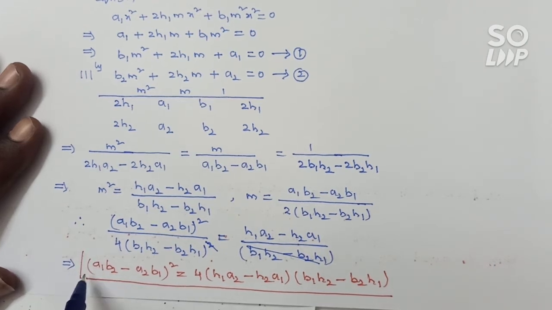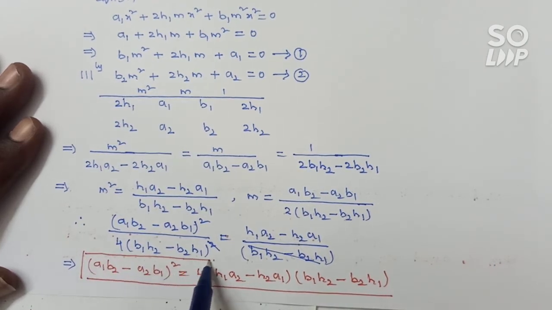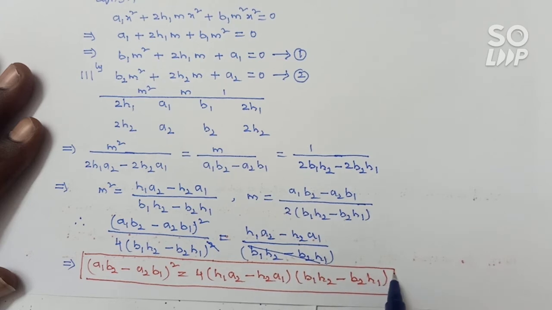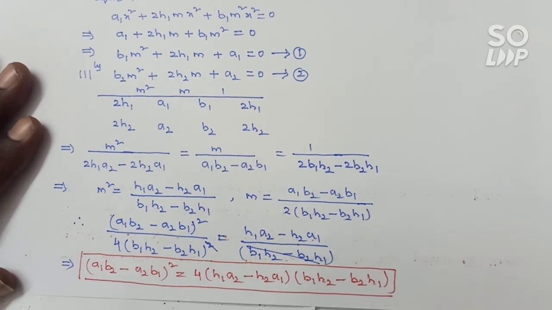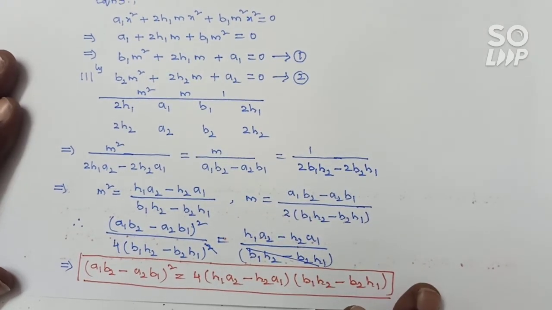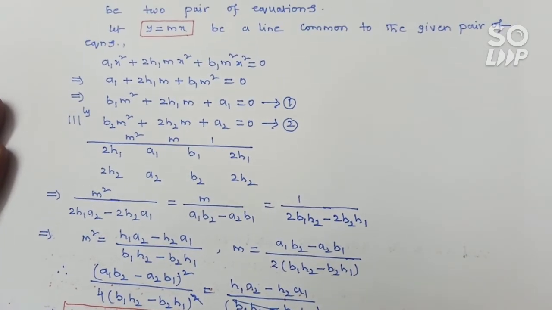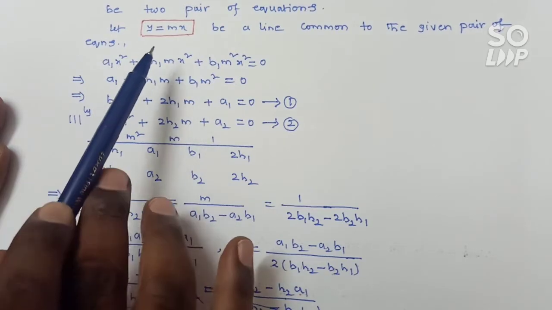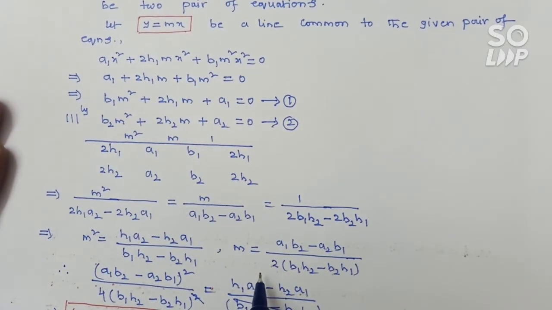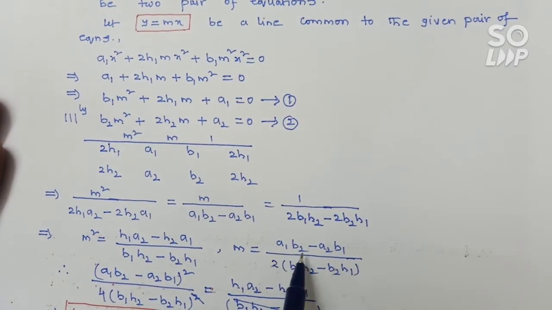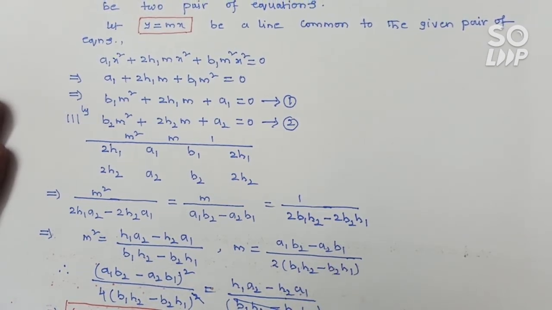The given pair of equations have a common line. Then what is the common line? Already you considered the common line as y equals mx. M value you got as a1 b2 minus a2 b1 by 2 into b1 h2 minus b2 into h1.